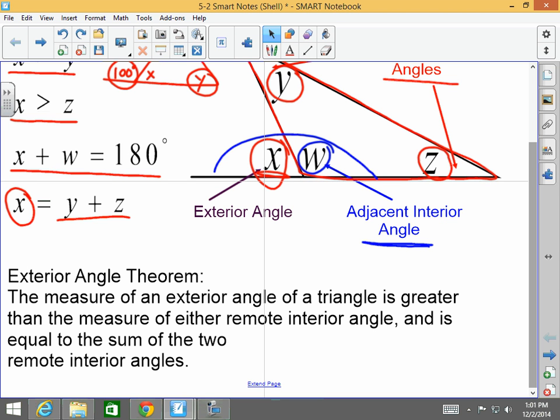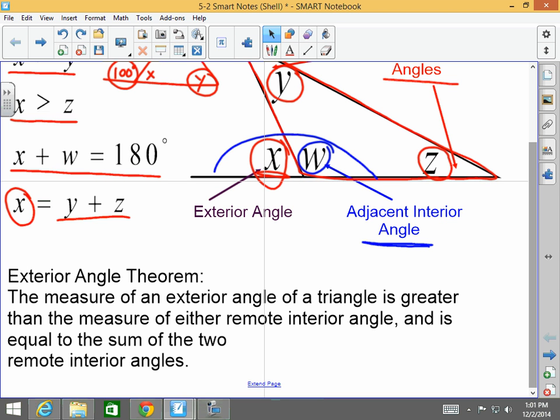So that exterior angle is greater than both the remote interior angles and is also equal to the sum of the remote interior angles. And that is the exterior angle theorem. Very, very important.